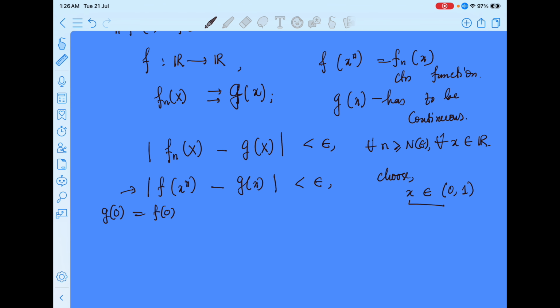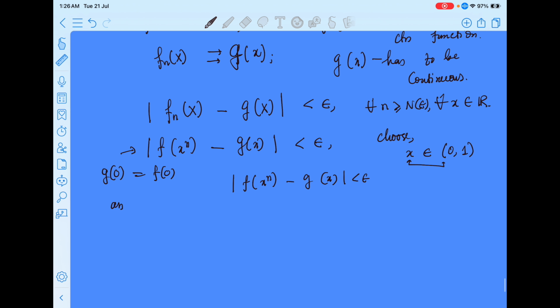Now pick an element x from (0, 1). Then we have |f(x)^n - g(x)| is less than epsilon. So as n tends to infinity, what do we have? f(x)^n tends to f(0), right? This is true.